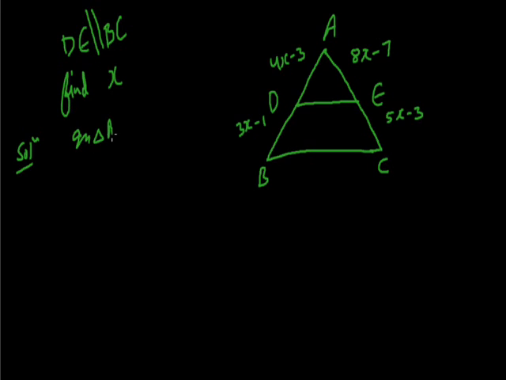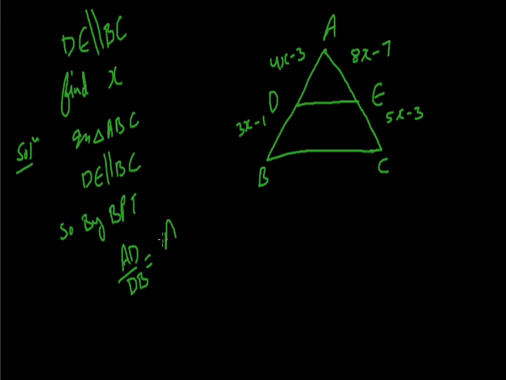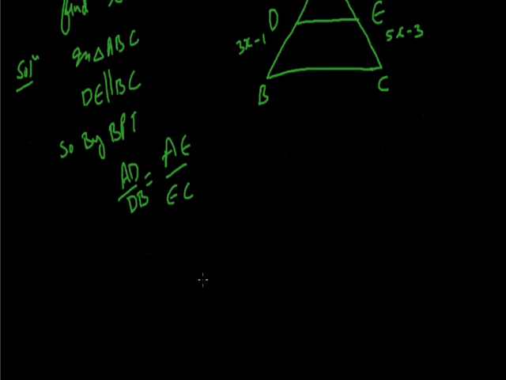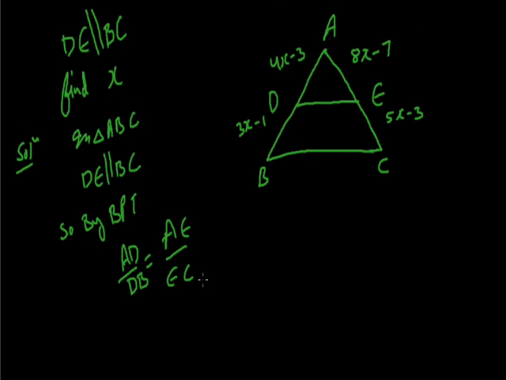In triangle ABC, DE is parallel to BC, so by the basic proportionality theorem we can say that AD upon DB is equal to AE upon EC.